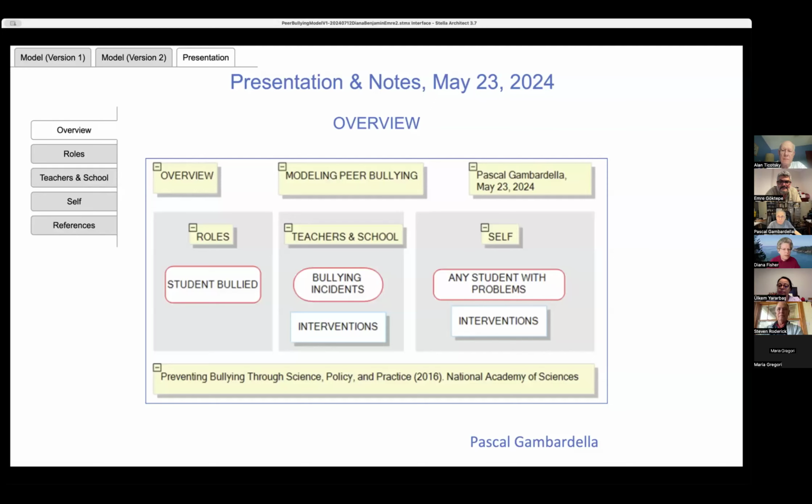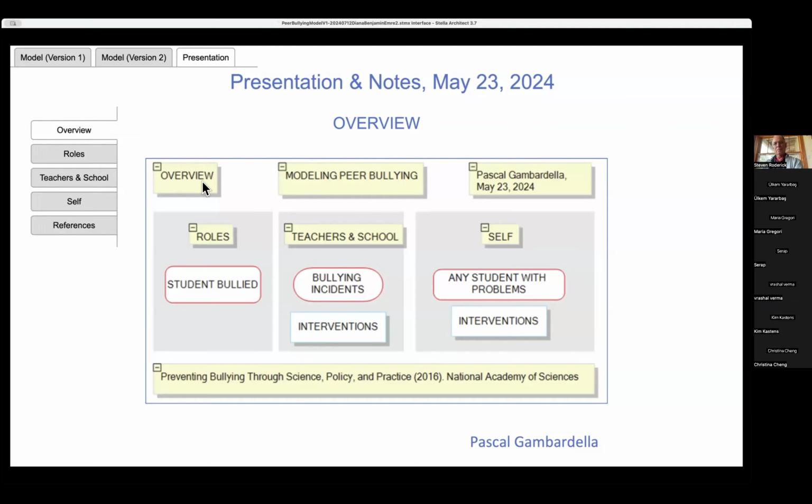All right, so this is the handout that Pascal produced for us. And thank you, Pascal, because it's just beautifully done. A lot of work in this, for the peer bullying model that we were talking about 2 months ago.